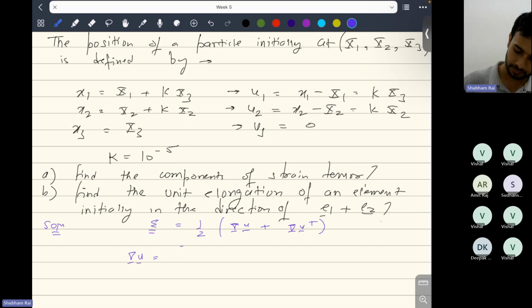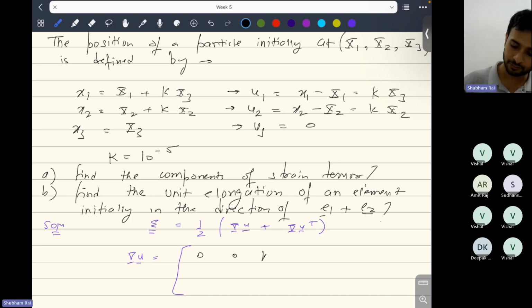So grad of u: the first element is del u1 by del x1. Del u1 by del x1, this is not a function of x1, so this will be 0. Del u1 by del x2 will also be 0 because u1 is only a function of X3. Del u1 by del x3 is k.